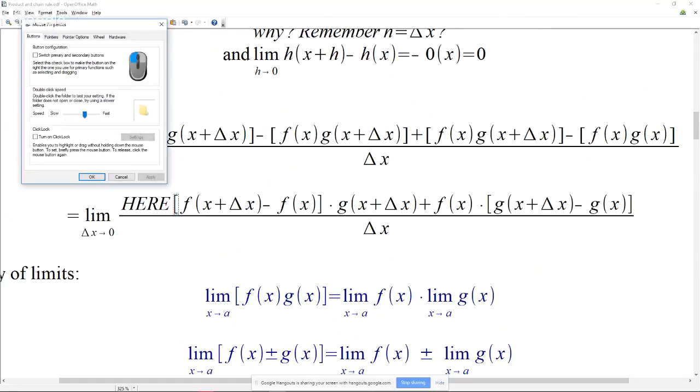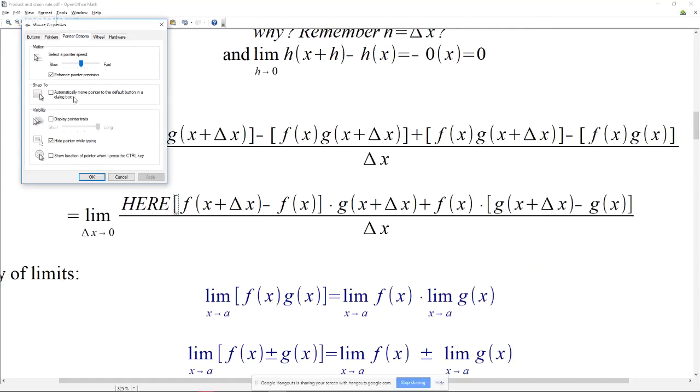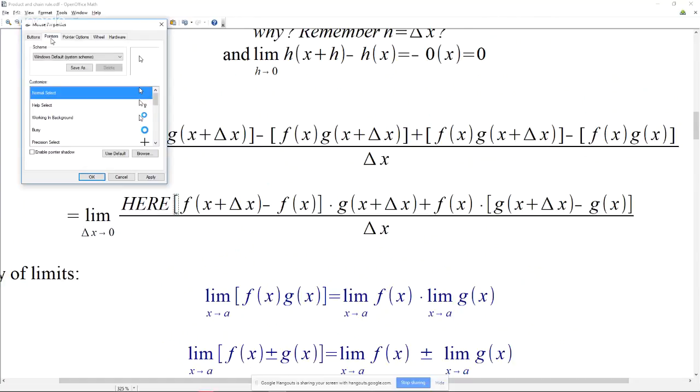Because the rest of us are seeing it small. Okay. Oh, I do remember in mouse you can actually hit control. But I don't know if the outside chat will see that. Let me see if I can make it bigger here. Pointers.